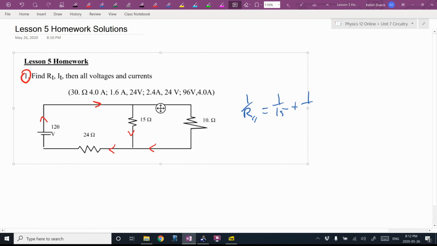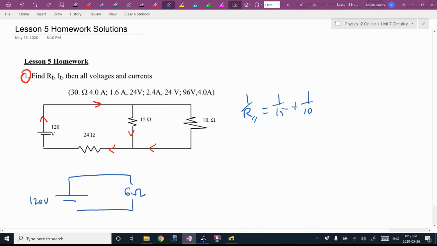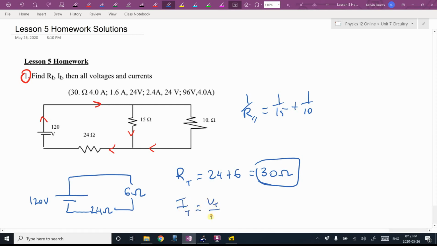So I can think of this circuit as a 120 volt source, a 6 ohm resistor, and a 24 ohm resistor. And these are in series, so I can tell you that our total is going to be 24 plus 6, 30 ohms.